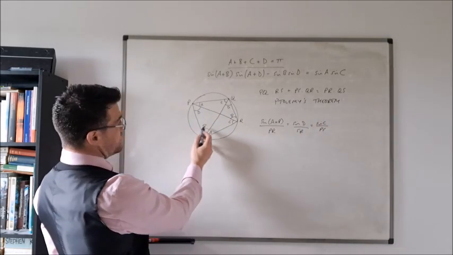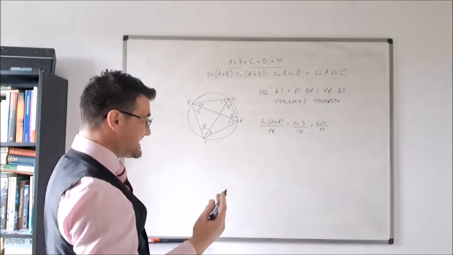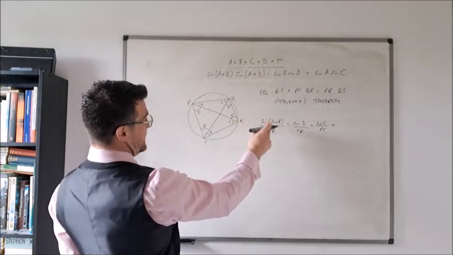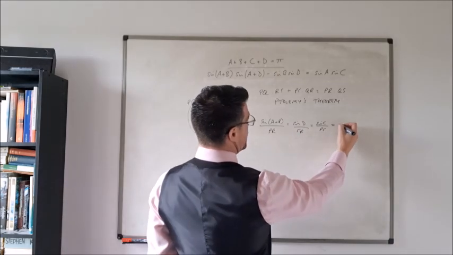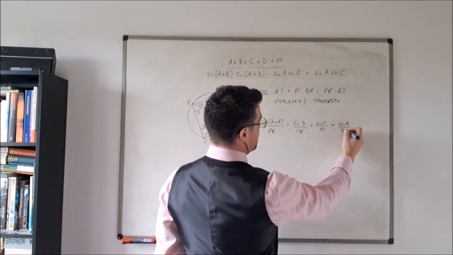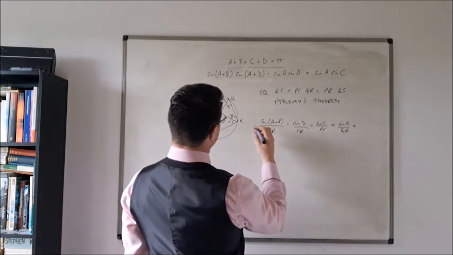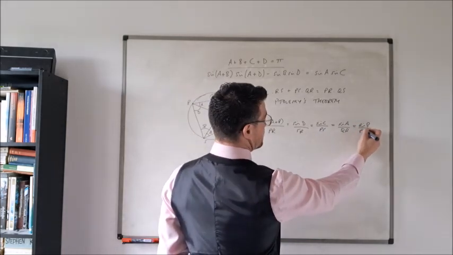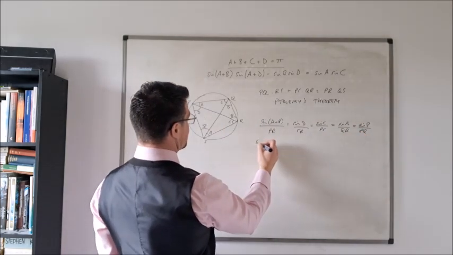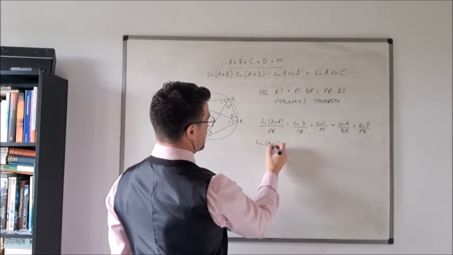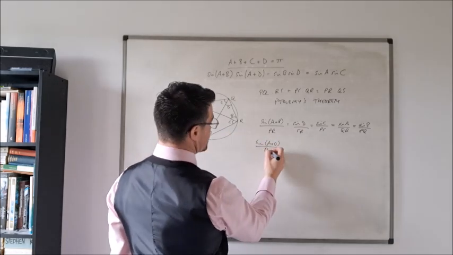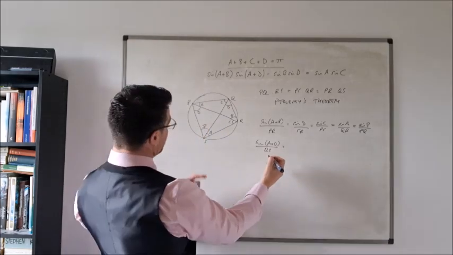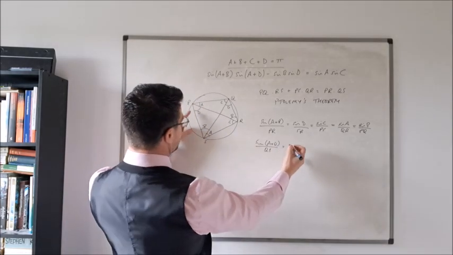And because sine A plus B is going to be equal to sine C plus D, we also get that these are equal to sine A over QR, which is equal to sine B over PQ. And similarly, sine A plus D over QS is equal to, we get a whole bunch of equalities here as well.